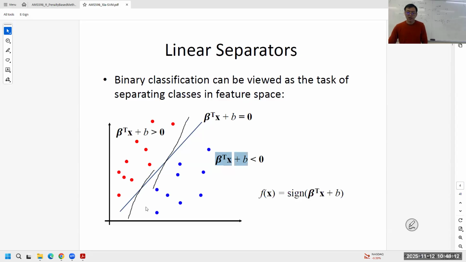Let's assume this is the line I draw here; like this one could be another one, and this one could be another one, right? I can draw infinitely many lines which can separate these two groups. So in other words, the linear separator for this particular example is not unique.